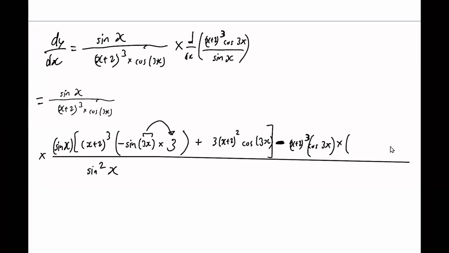D low, differentiate sine, you get cosine x. So please take note that cosine 3x and cosine x, you can't directly add them together. It's not cosine 3x plus x, which is cosine 4x. No, it's not that simple. There are special identities for it, the factor rule, but it is not relevant now. Anyways, this is the answer.